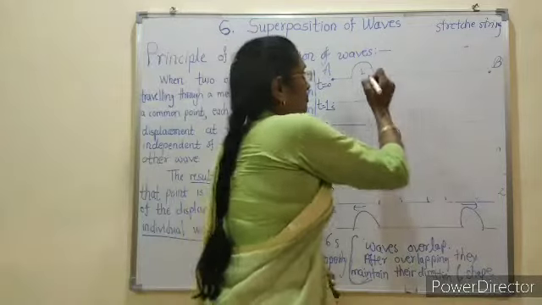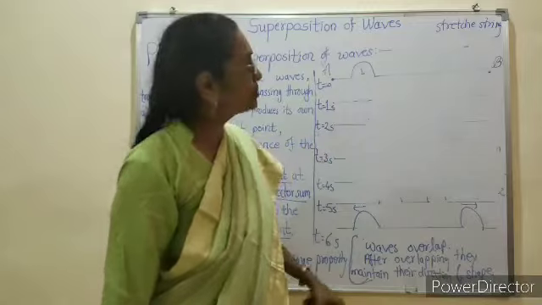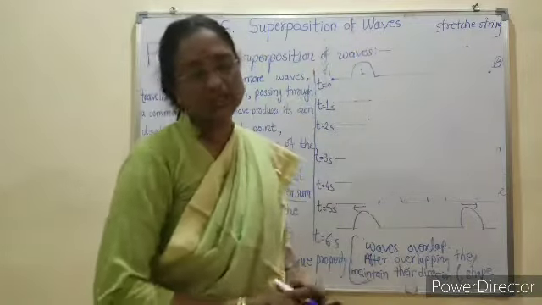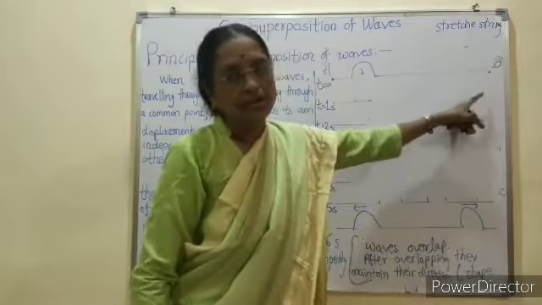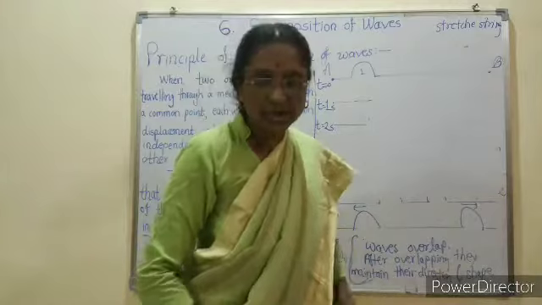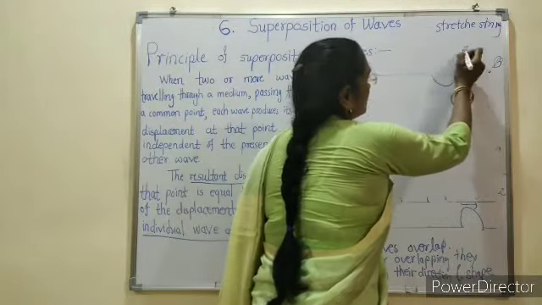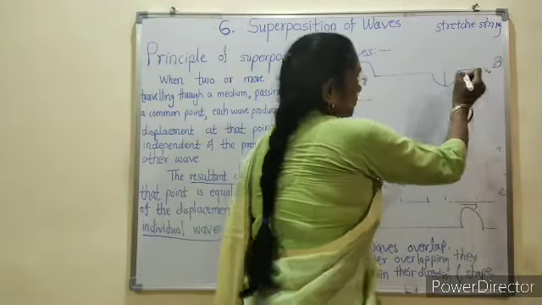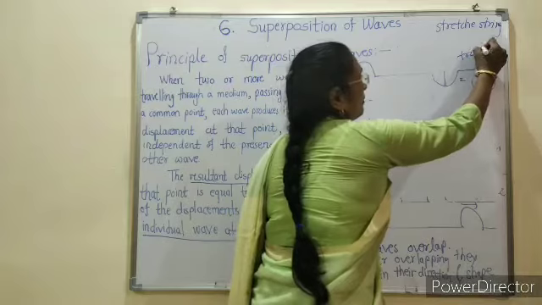Here the first pulse is produced which has a convex shape, and here the person is at end B. He is disturbing the string in such a way that he produces pulse number 2, but in the form of a trough.